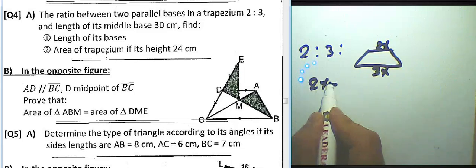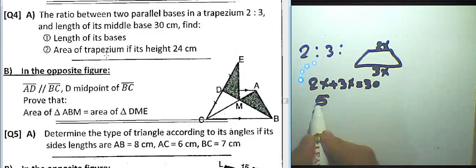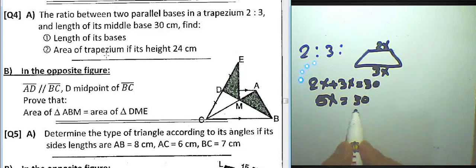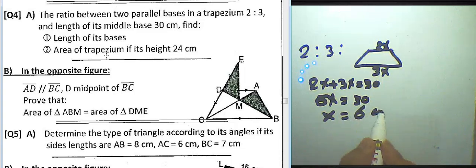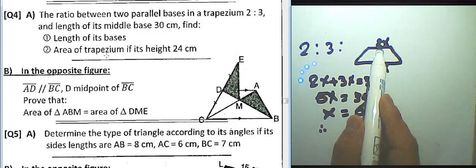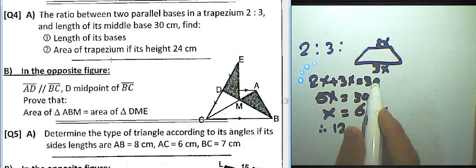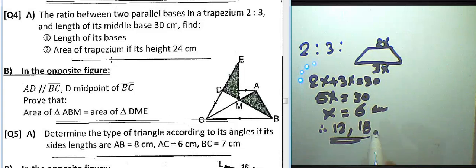Then 2x plus 3x equals 30 centimeters. Then 5x equals 30, we divide by 5, and x is 6 centimeters. Then the small base is 2 times 6 equals 12, and the other is 3 times 6 equals 18 centimeters. These are the lengths of the two bases.